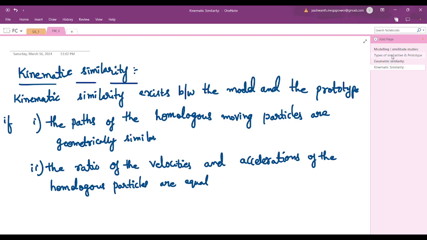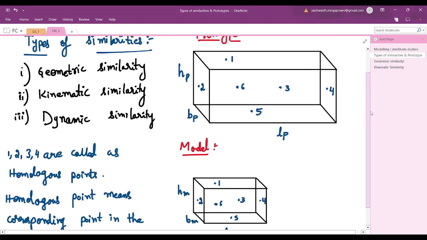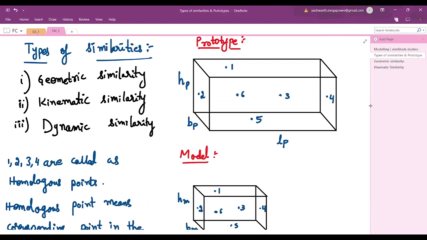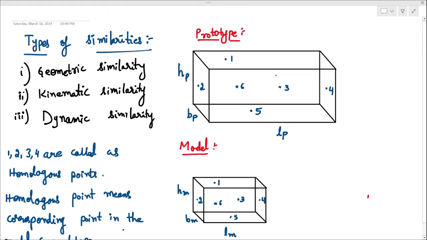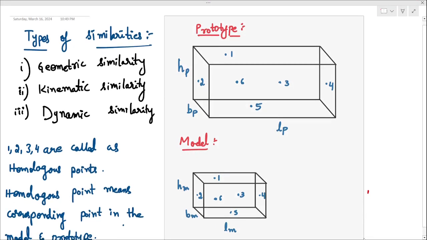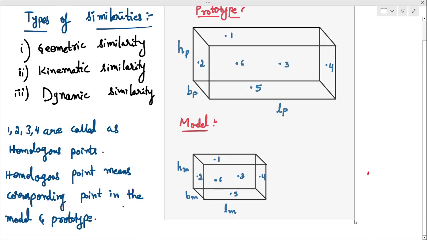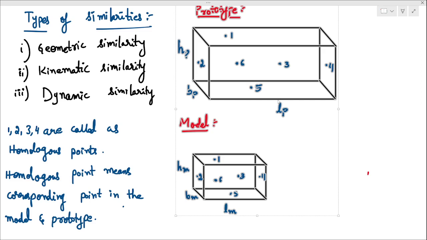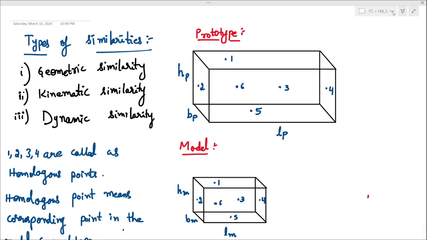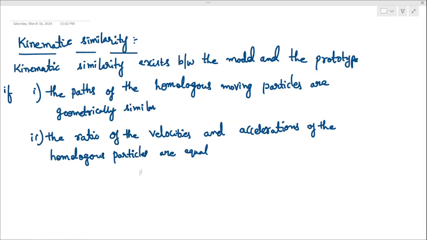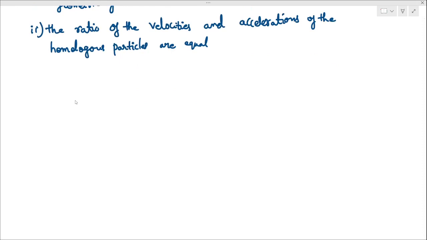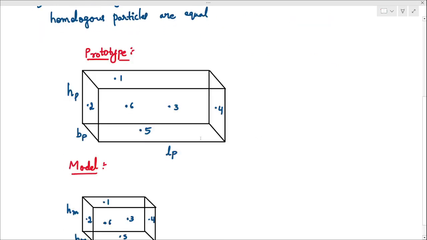So what does it mean? This diagram here I'll take. See here, suppose I consider particle 1, right?